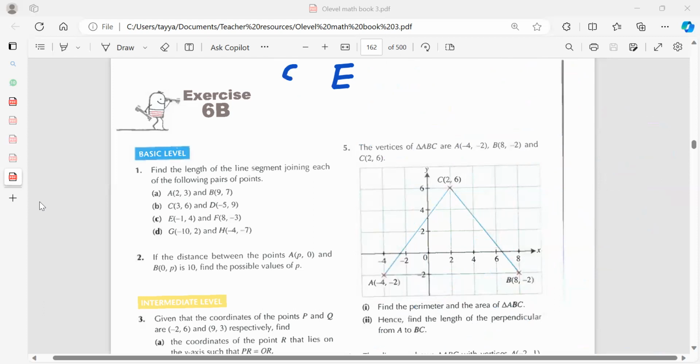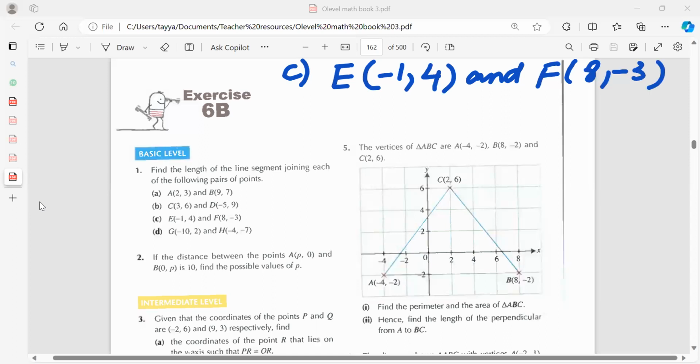Okay. Now it is EF. The third part is E: minus 1 and 4, and F is 8 and minus 3. So consider that this is x1, this one is y1, and this is x2 and y2. Now apply the formula.